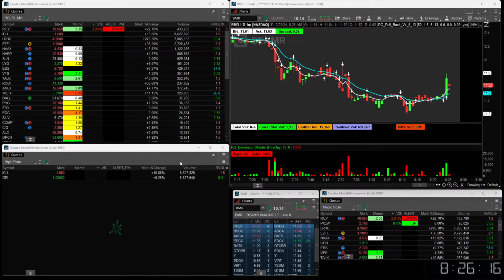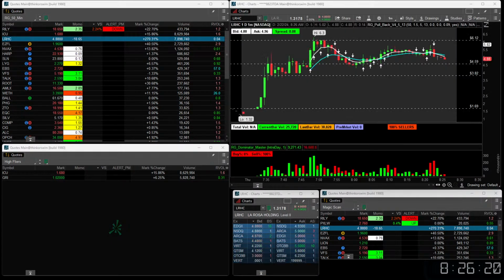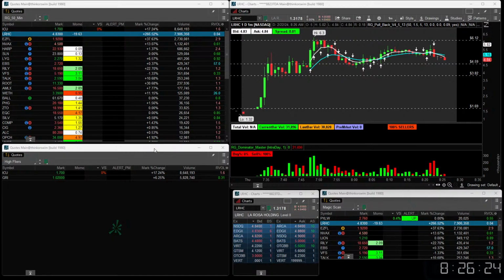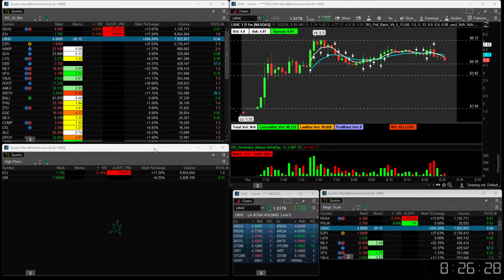Got about 3.5 minutes to go. Good luck to everyone. And we're going to be watching this stock. Let me see where it's going to go. I'd like to see it start moving up before the market rings. I'm almost going to predict the SPY is going to go down at open for some reason.